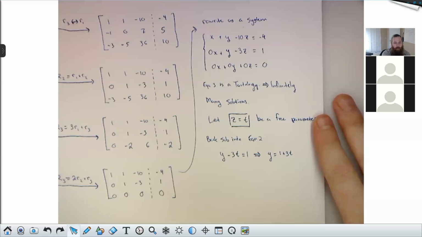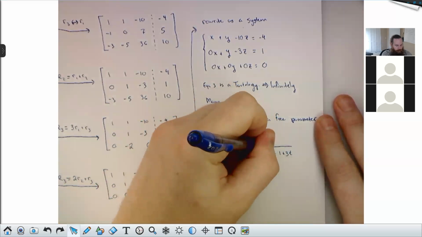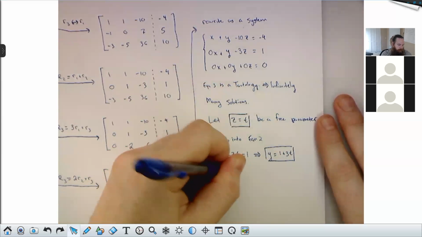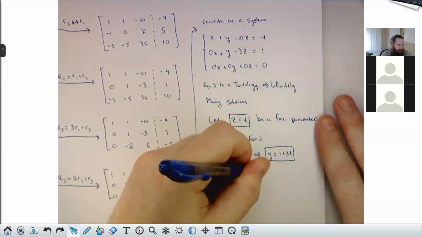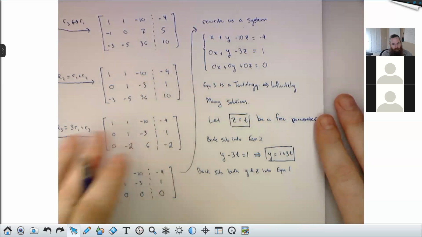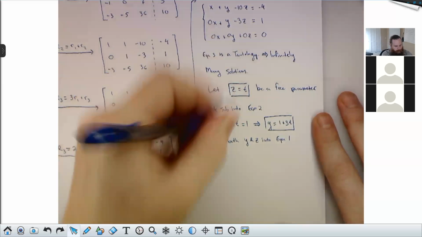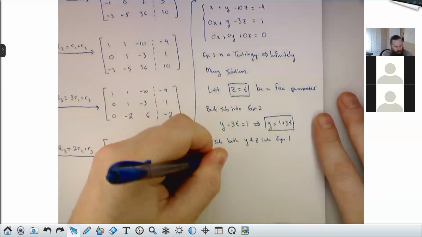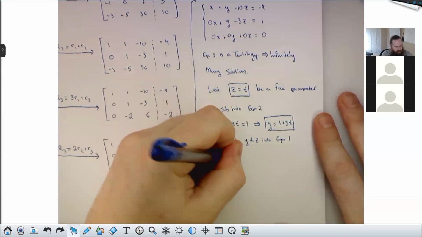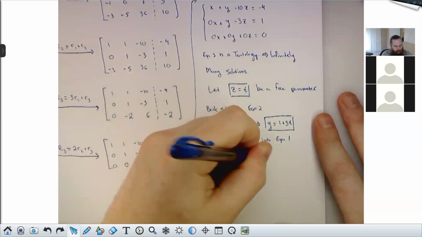And if you back sub both of these, so here's my solution for y, into equation 1, then you get x plus y, which is 1 plus 3t, minus 10z, z is just t, equals negative 4.